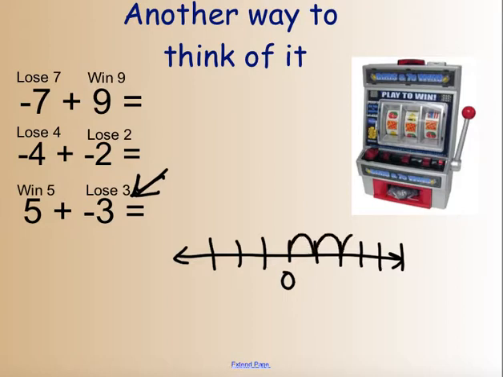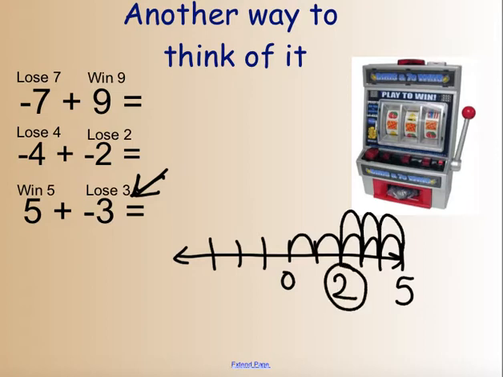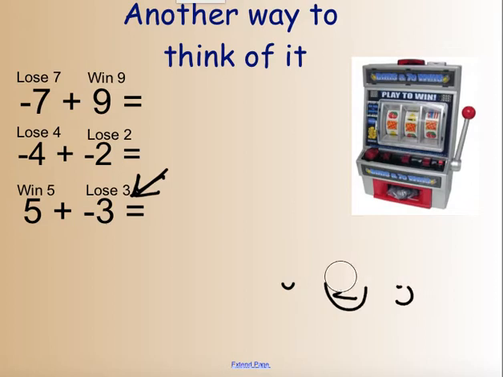So 1, 2, 3, 4, and 5. But then I have to go back 3 because I have negative 3. So I'm going to go from this 5 and go back 1, back 2, back 3. And of course, this lands at 2. So a number line is another way to think about our integers and being able to add them, whether they have the same sign or different signs.